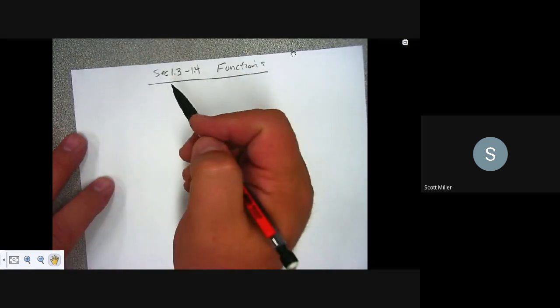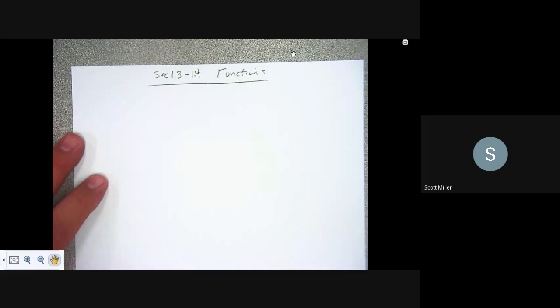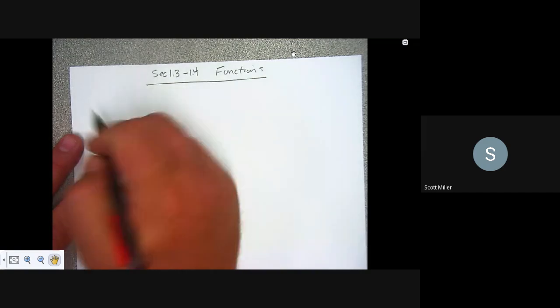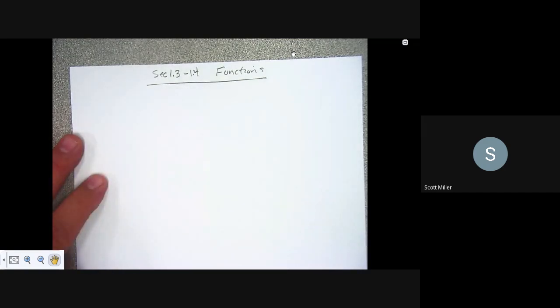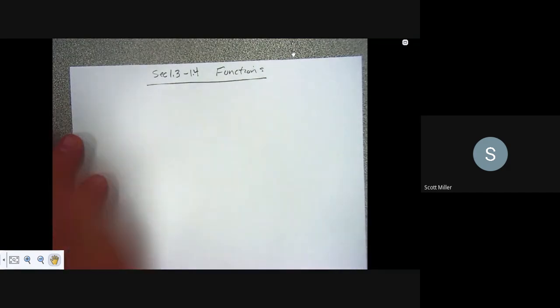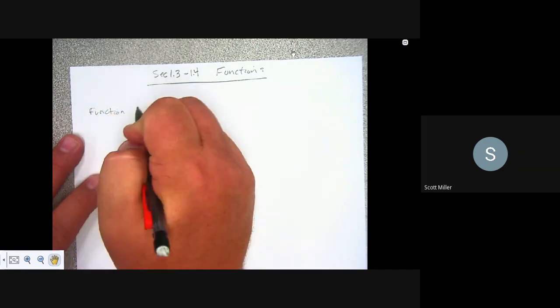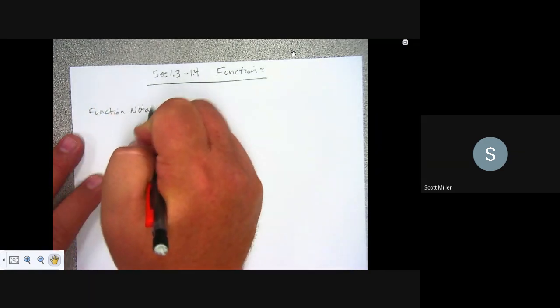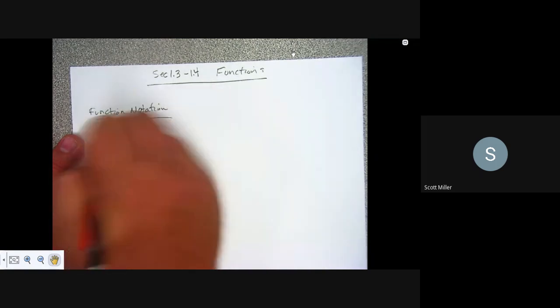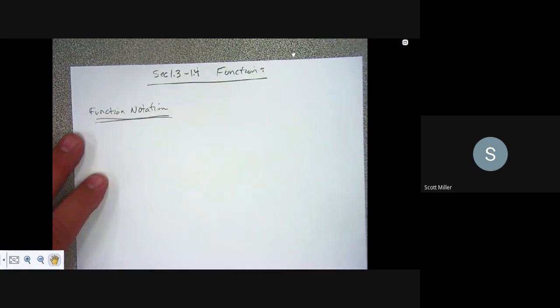Once I have something deemed a function, and I haven't showed you how to figure out it's a function yet, but once I know something is a function, it gets a special name. Function notation is what we're going to talk about right now. A lot of times they just throw this at you guys and they don't really explain it all to you.